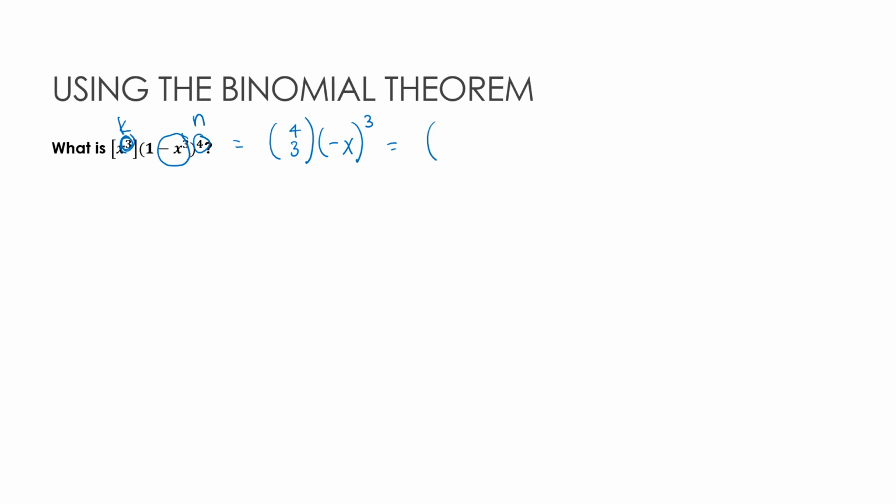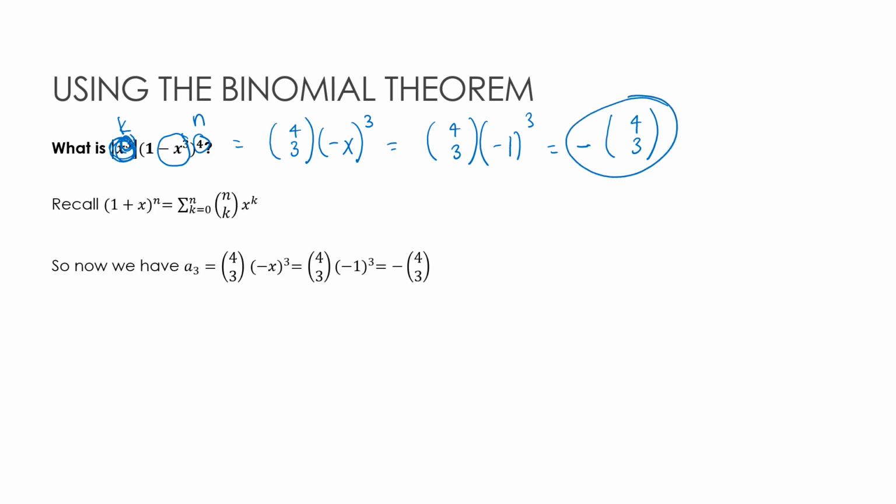And just like before, I really don't care about the x to the third, because that's just telling me that it's going to be the coefficient for x to the third. So I don't even really need to write that x to the third. So what this tells me is my solution is going to be negative 1 to the third, which is a negative, and then 4 choose 3. That's my final solution.